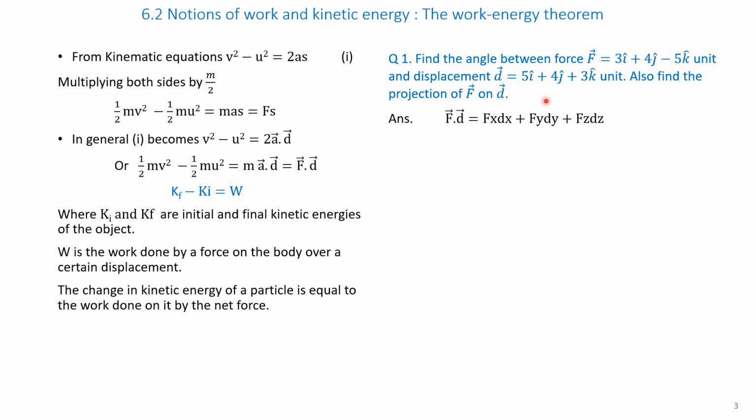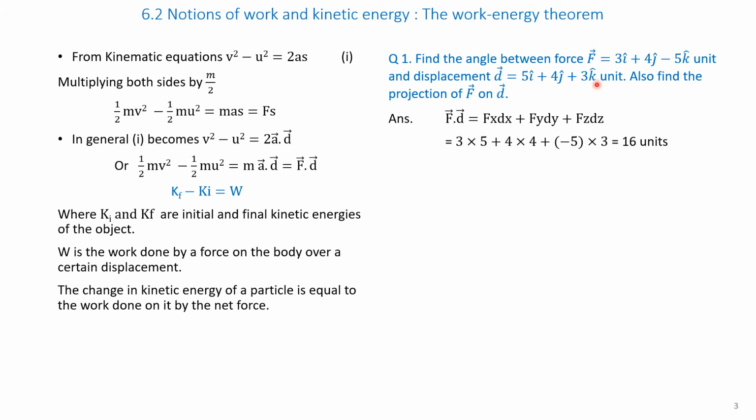Answer. We know that the dot product F dot d is given as Fx into dx, that is the component of F along the x-axis and the component of d along the x-axis, plus the y component of F into the y component of d, plus the z component of F and the z component of d.